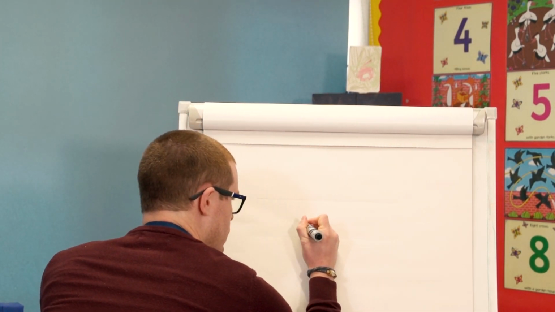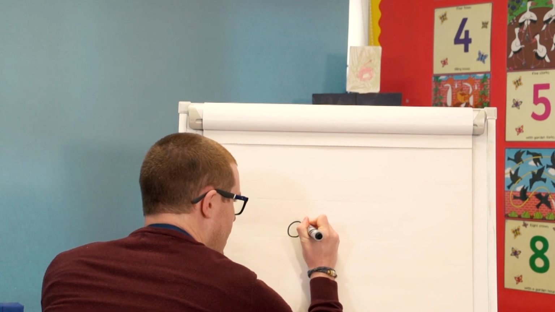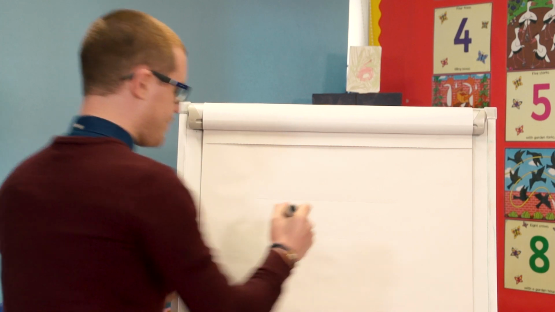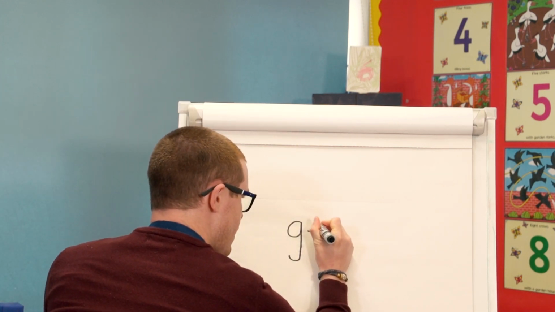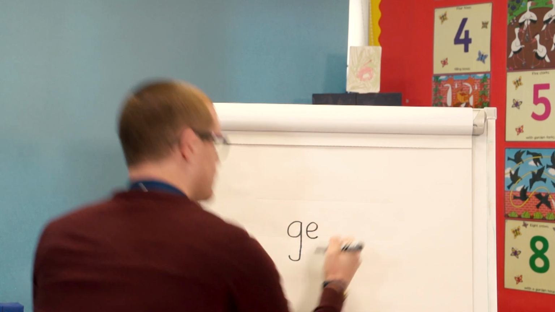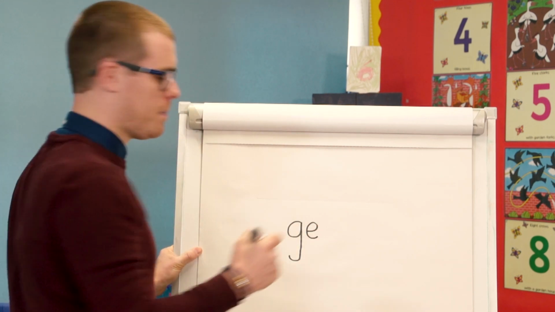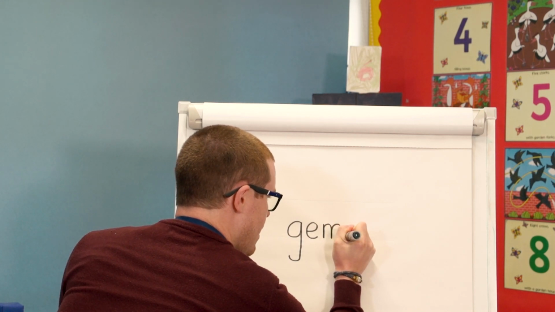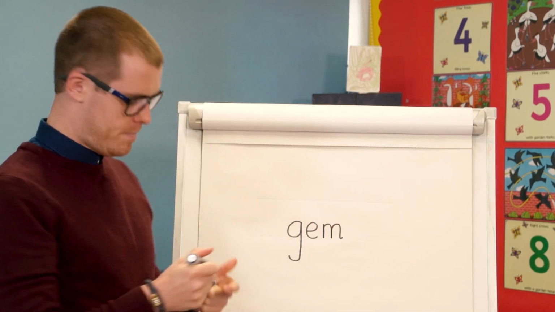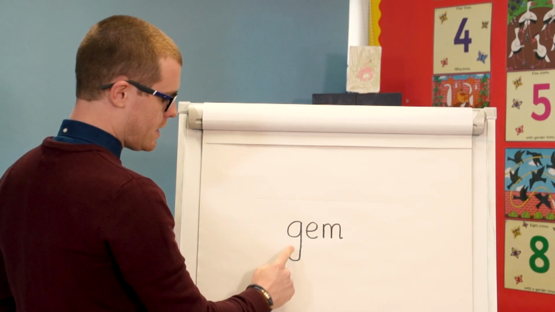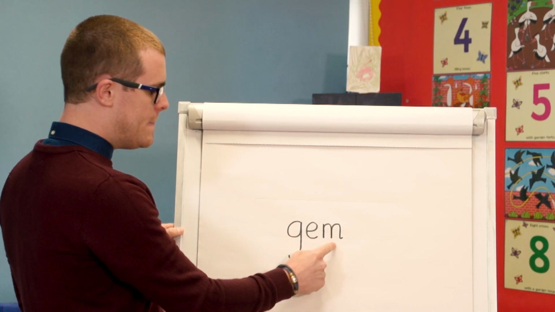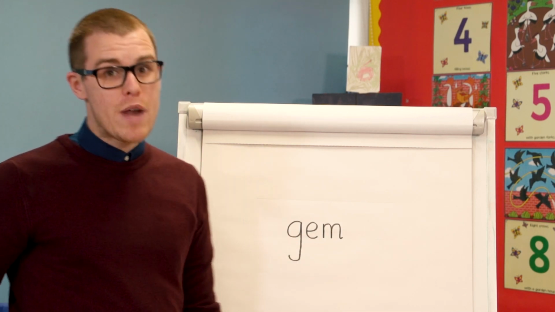The first sound is today's grapheme j. And the second sound is e. And the third and final sound is m. The word says gem. j, e, m. It has 3 sounds.